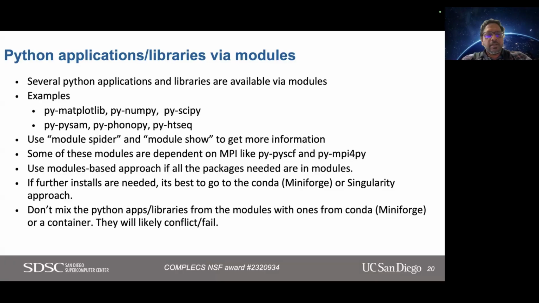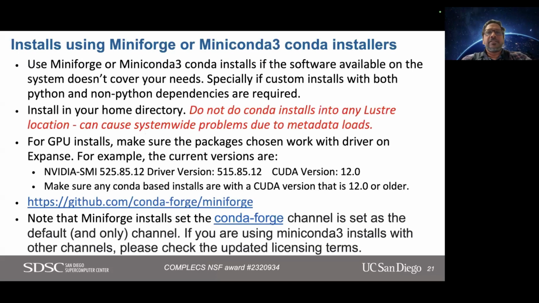The main thing to keep in mind is you cannot mix Python libraries from one of these sources with another. Say you have a conda install, and then try to use it in a container. They'll likely conflict and fail. So whatever you do, you have to pick one of these three options: either modules or conda or Singularity, and stick to that for all of your dependencies.